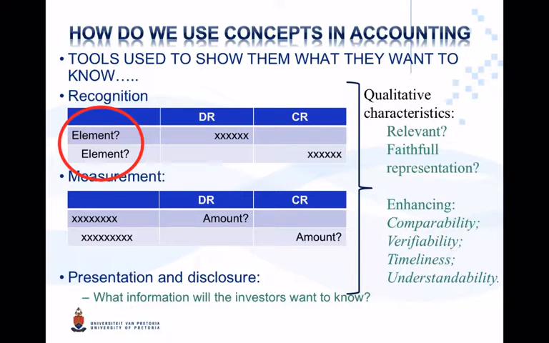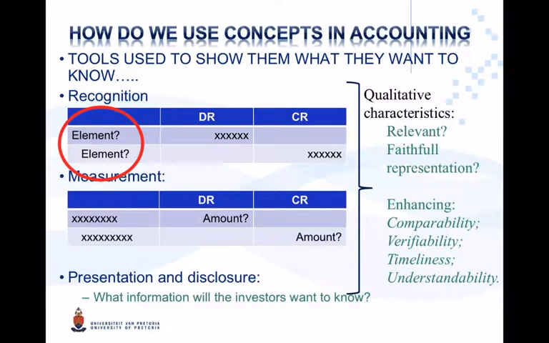From that, you go to your recognition criteria paragraph, which says an element that meets the definition. So sort the definition out: do I have an element? Then you go into the recognition criteria of reliable measurement and probability of economic benefits flowing. Apply that recognition criteria.